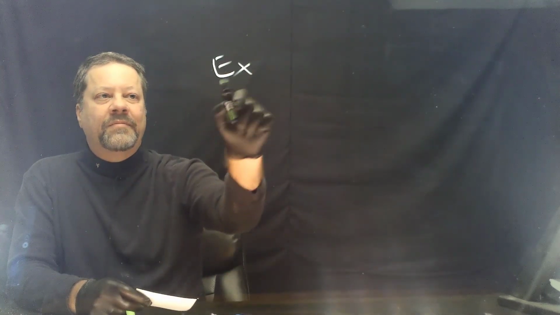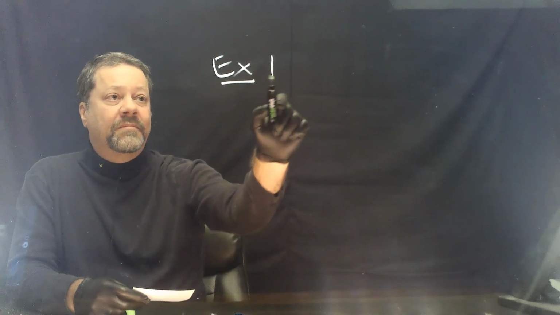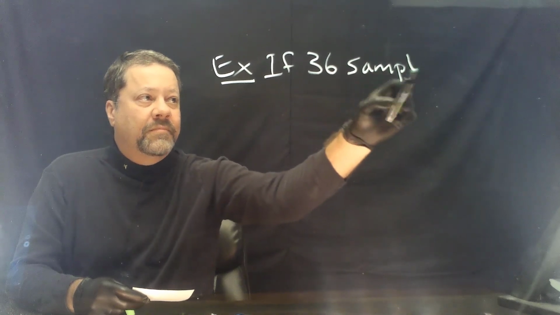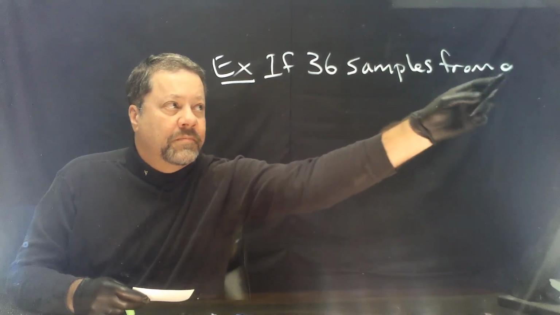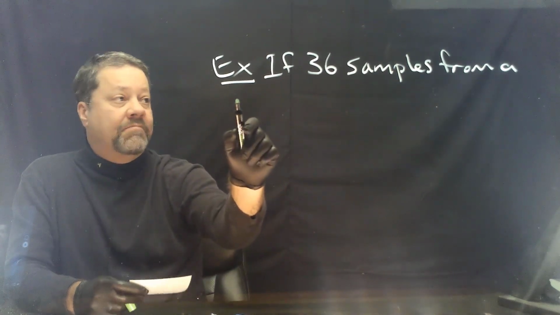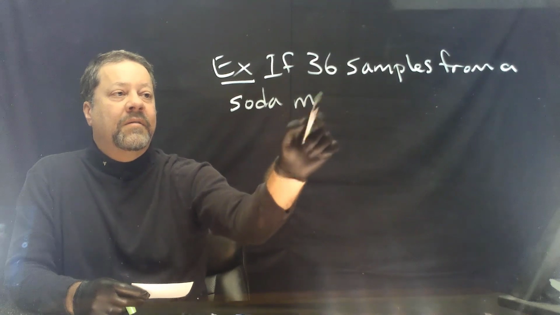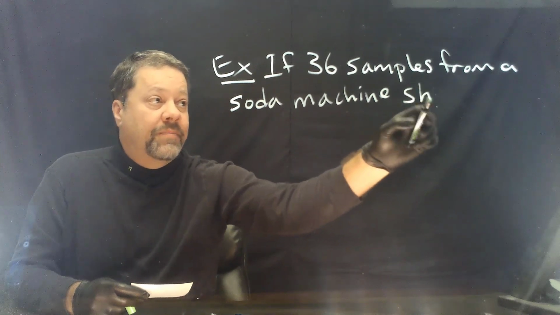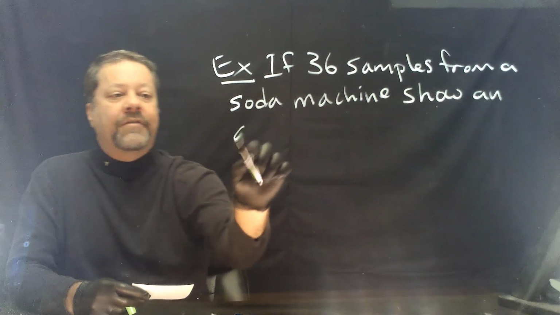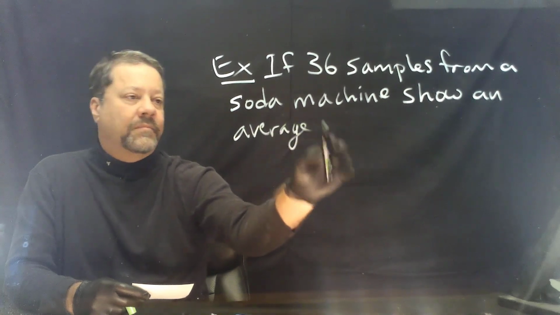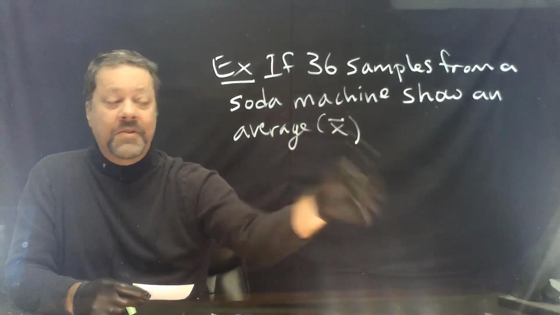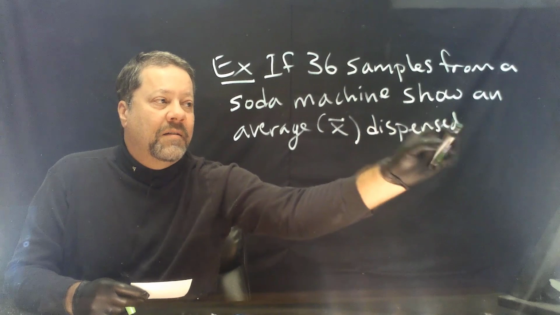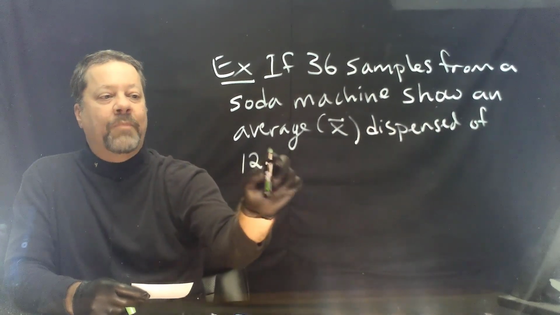As an example, suppose that 36 samples from a soda dispenser show an average, that's your statistic, amount dispensed of 12.19 ounces.